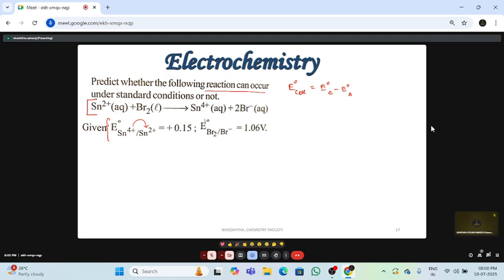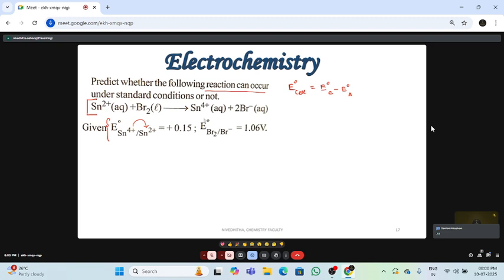Okay. Sendamil Shelvin's answer is 0.91. Okay, fine. We'll see. Bhumika, among 0.15 and 1.06, which is considered to be the lower value? Which is the smaller one? Yes, ma'am.